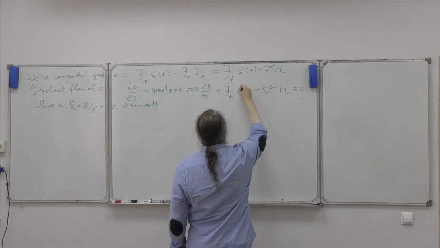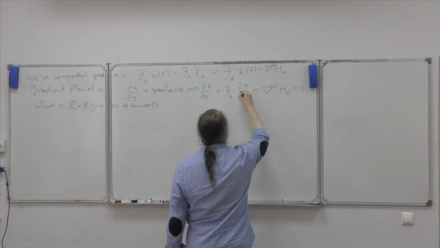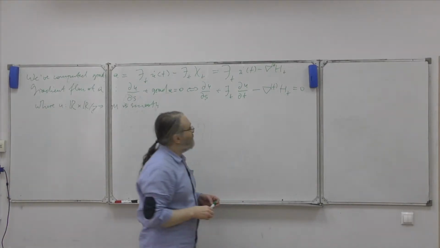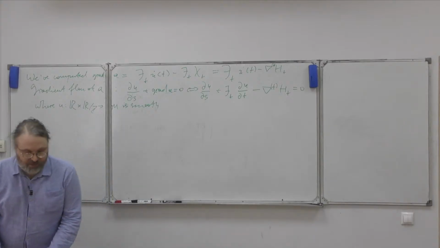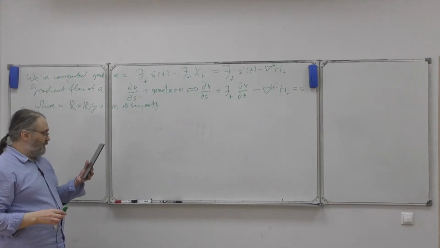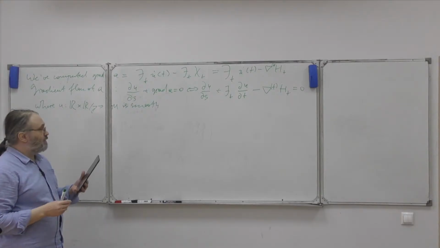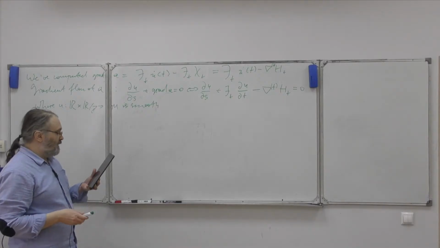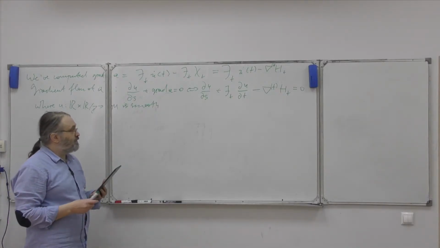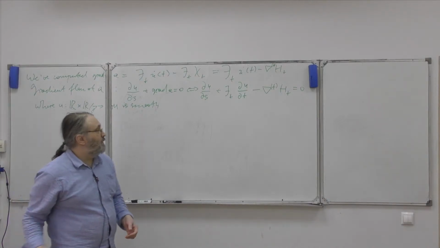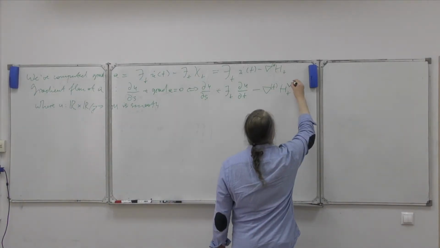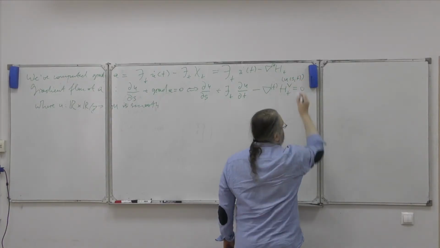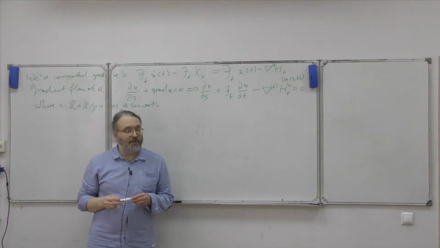Let me write here the derivative of u with respect to t minus the gradient of h_t calculated at u of s, t.